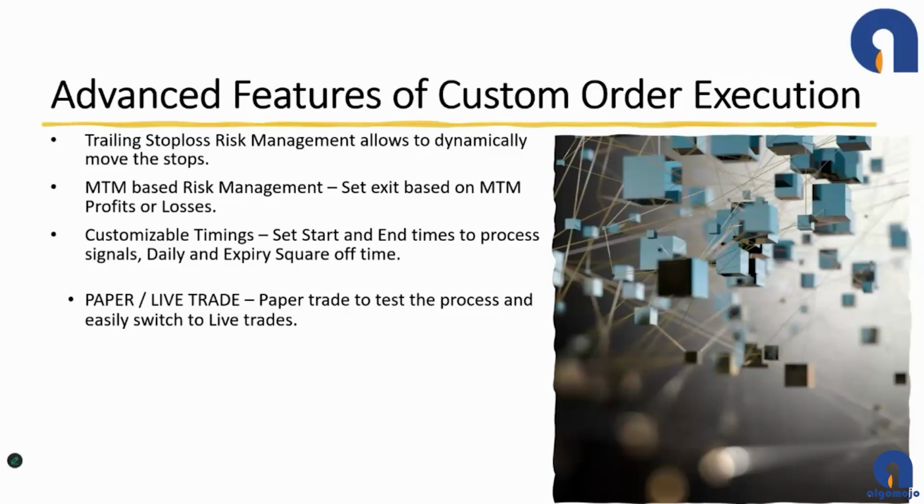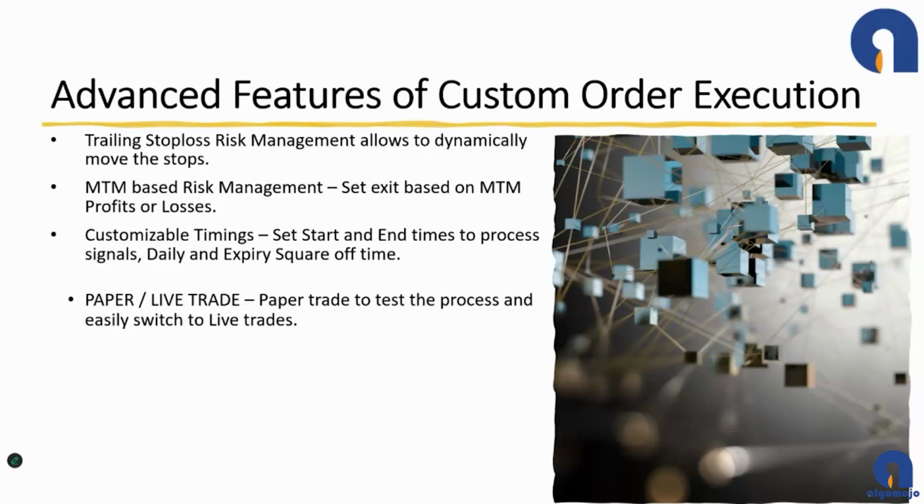6 paper trades are allowed for every user. We recommend that you start with the paper trade facility and see how the orders are getting placed. Once you're comfortable that the orders are getting executed and the signals are getting processed as per your requirements, whether it is futures buying or rollovers or options trading, options buying or options writing, check all those things using the paper trade.